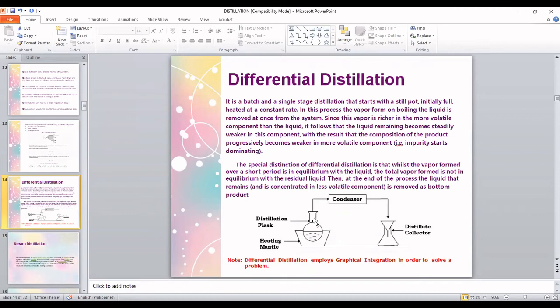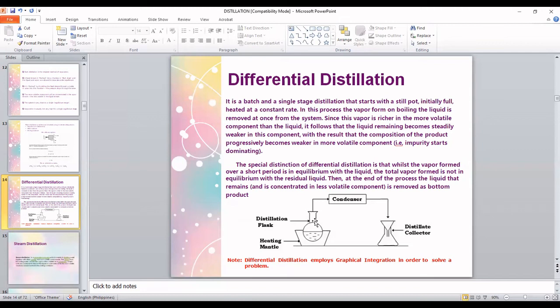Since this vapor is richer in the more volatile component than the liquid, it follows that the liquid remaining becomes steadily weaker, or leaner, in that component, with the result that the composition of the product progressively becomes weaker as well in the more volatile component.